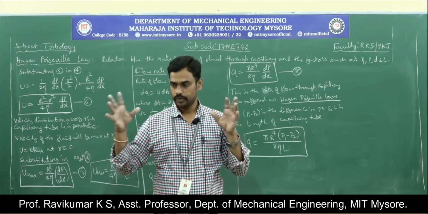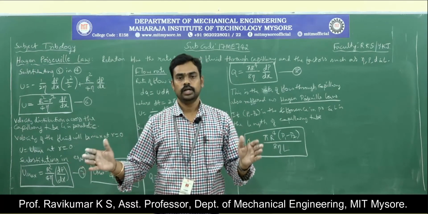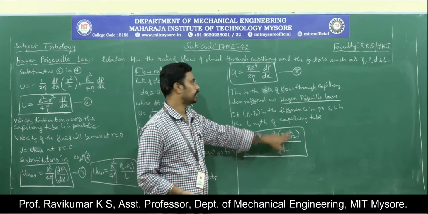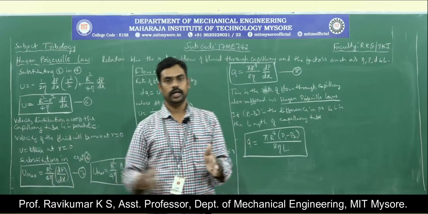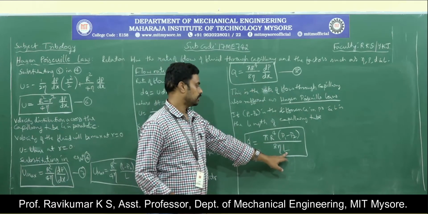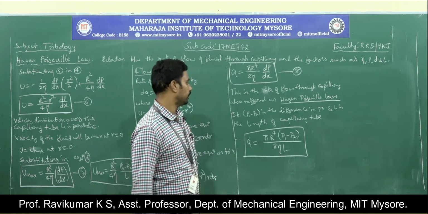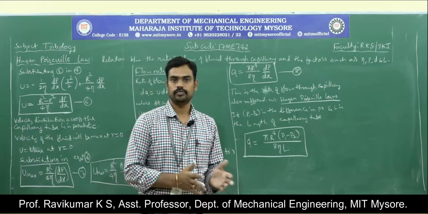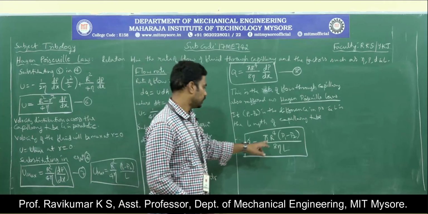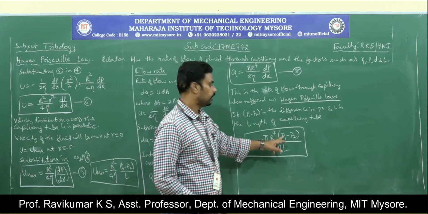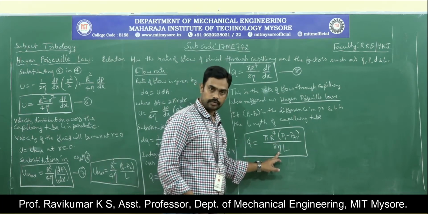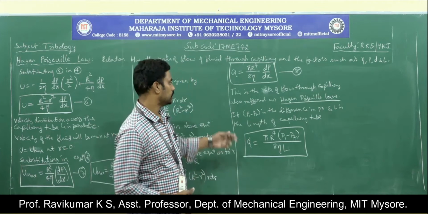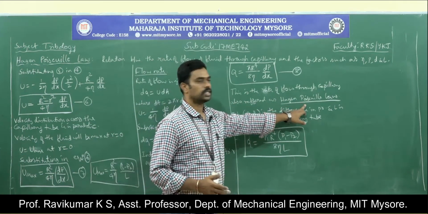The pressure difference is P1 minus P2, so in place of dP substitute P1 minus P2, and if I consider the entire length, dx will be L. So this gives you the relation between rate of flow and the factors such as the radius, pressure, viscosity of the oil and the length of the capillary tube. This equation is referred to as the Hagen-Poiseuille law.